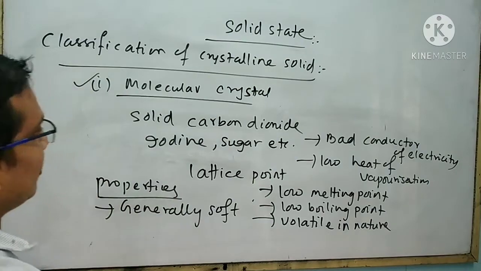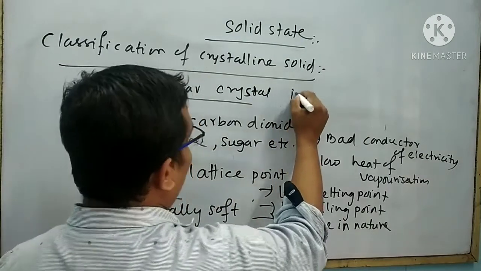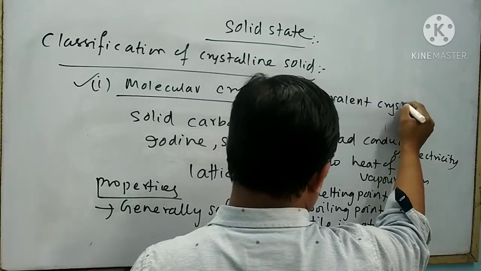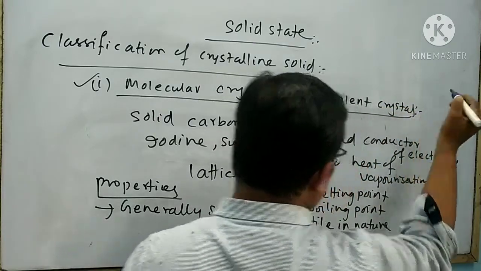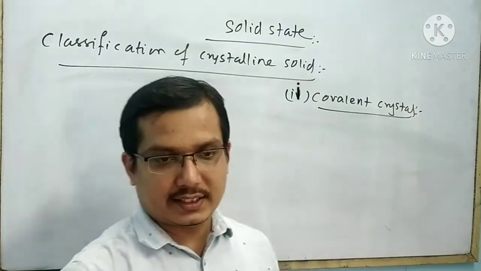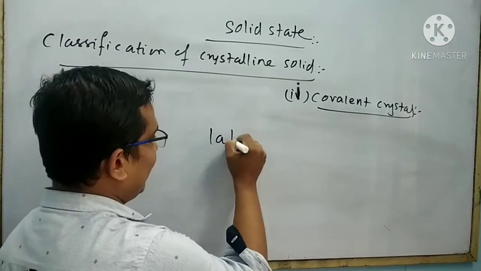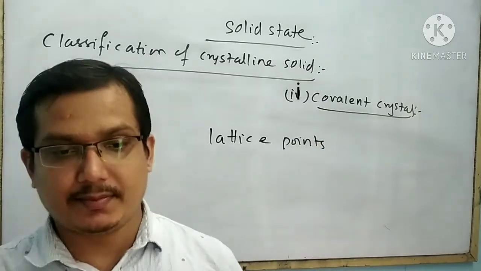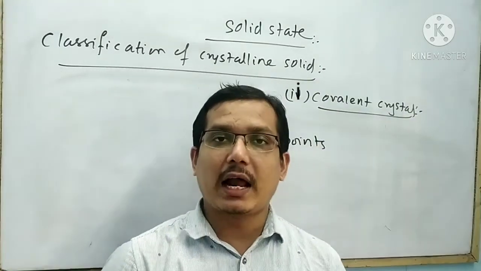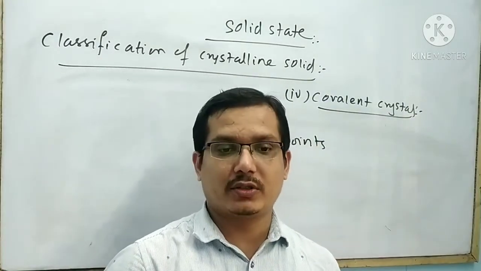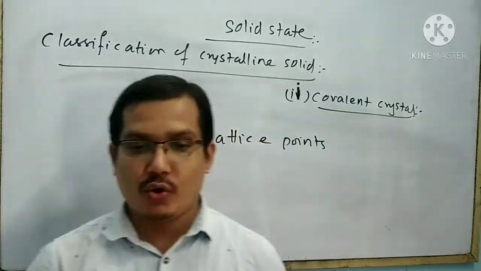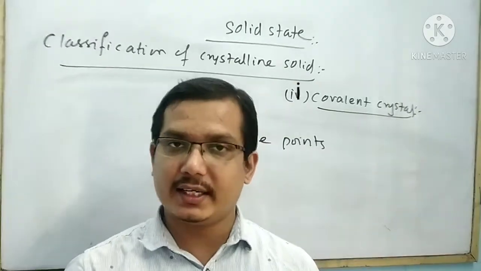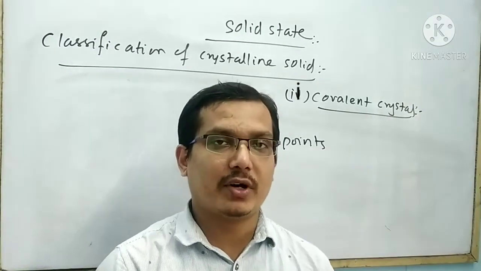Next I will discuss the covalent crystal. In covalent crystal, when the lattice points in the crystal are occupied by atoms which are held together by covalent bond, then such crystals are called covalent crystal. Remember one important point.